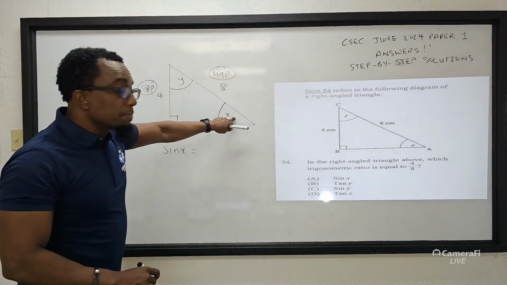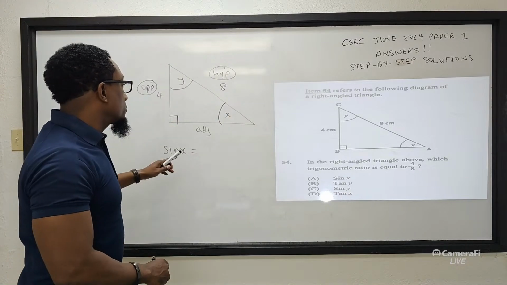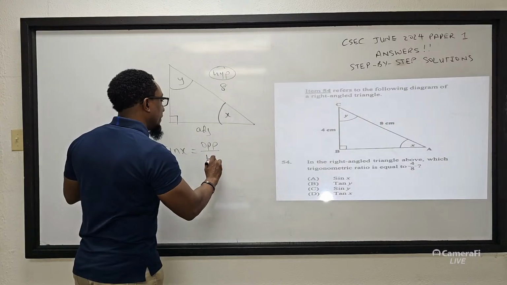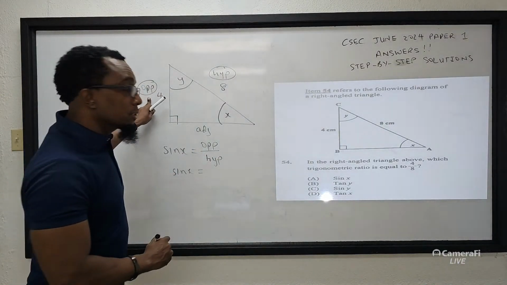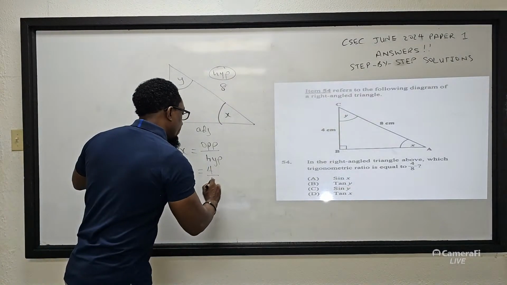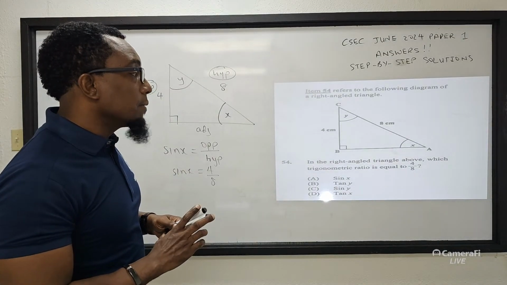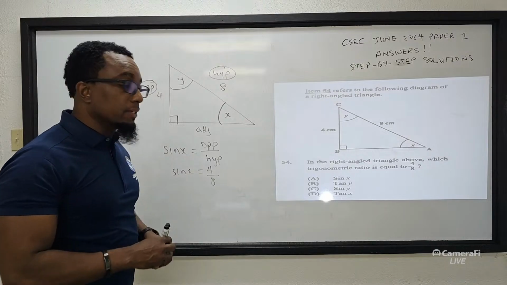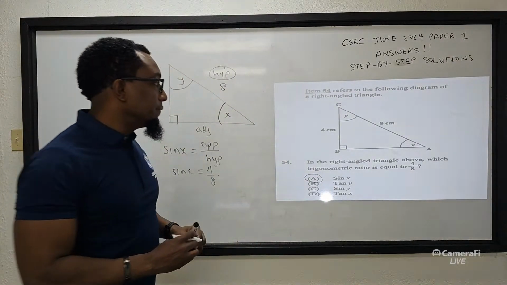This is the acute angle I'm using, I'm labeling based on this angle. So sine x is equal to opposite all over the hypotenuse. Sine x will be equal to my opposite, which is 4, over the hypotenuse, which is 8. So when they ask which trigonometric ratio is equal to 4 over 8, that clearly will be sine x, whose answer is E, 54E.